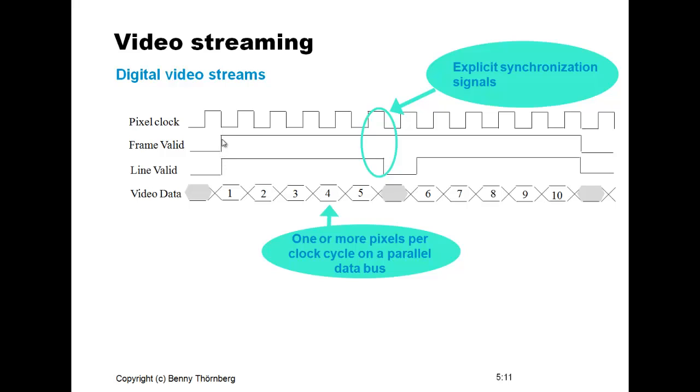The frame valid signal is activated during the time period whenever there is a complete video frame, an image, that is transferred in the stream of images. And the line valid signal is active whenever there is an individual line of the image data that is transferred.